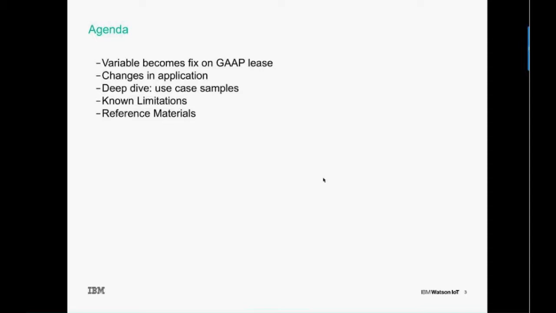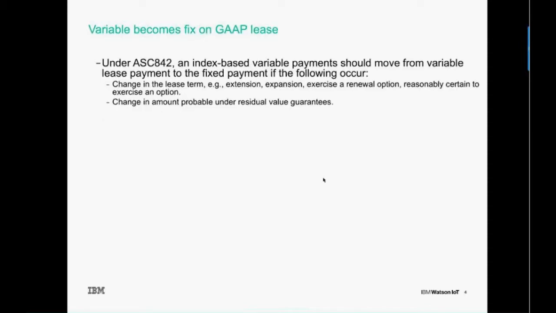Then I'm going to go over the demo, a deep dive with a couple of use case examples that I want to show you, and no limitation, and end with the reference materials.